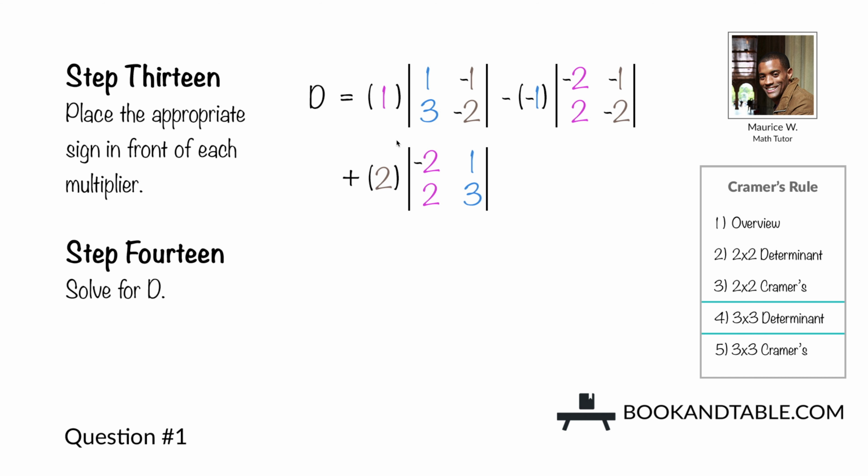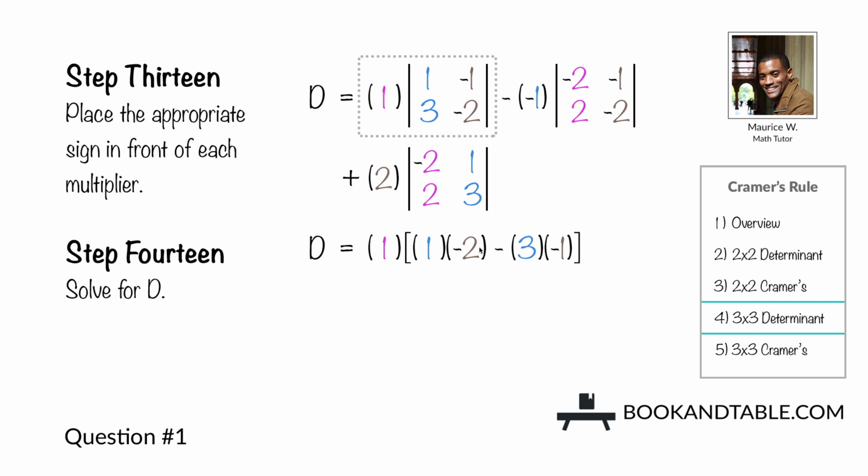And starting with the first 2 by 2, we have 1 times negative 2 minus 3 times negative 1. And we're multiplying this times positive 1. So starting inside of the brackets, we have 1 times negative 2, which would be negative 2, minus 3 times negative 1, which would be negative 3.